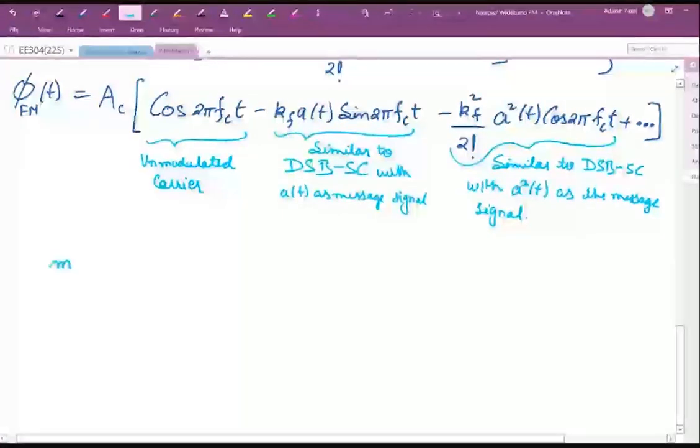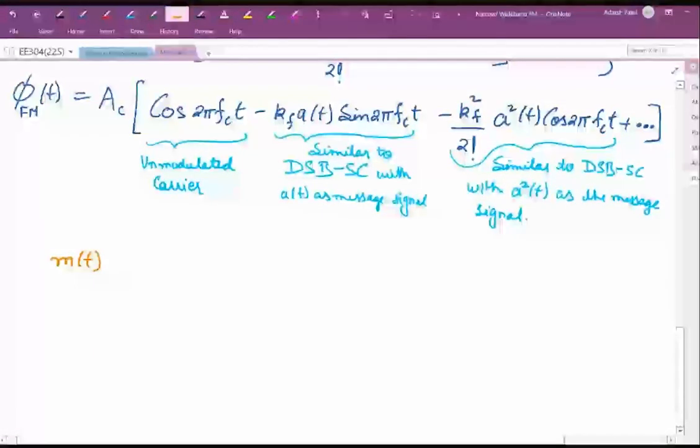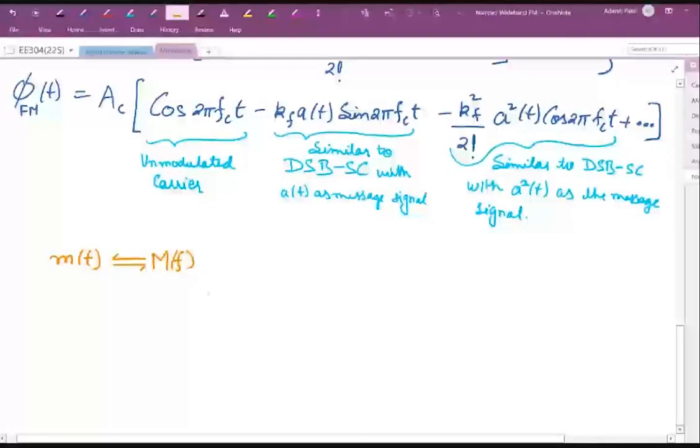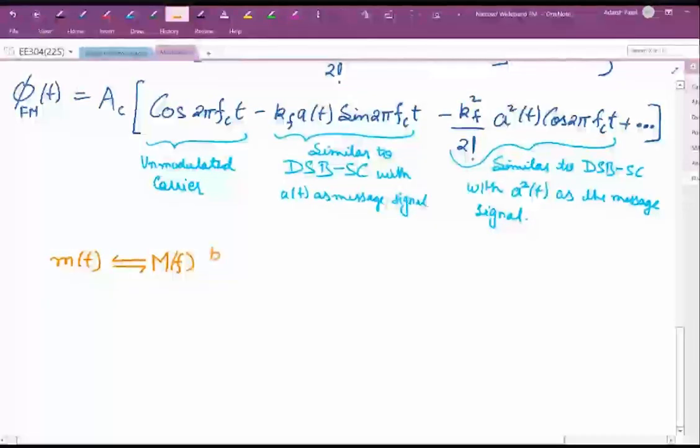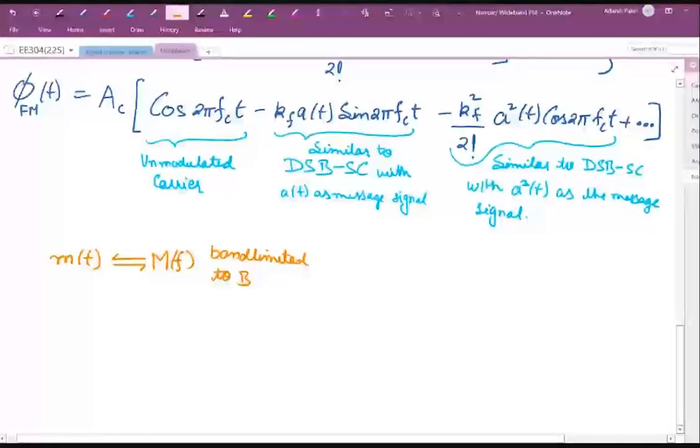So if I say that m(t) has a Fourier transform M(f), and say that M(f) is band limited to B hertz, in other words the bandwidth of signal m(t) is B hertz.